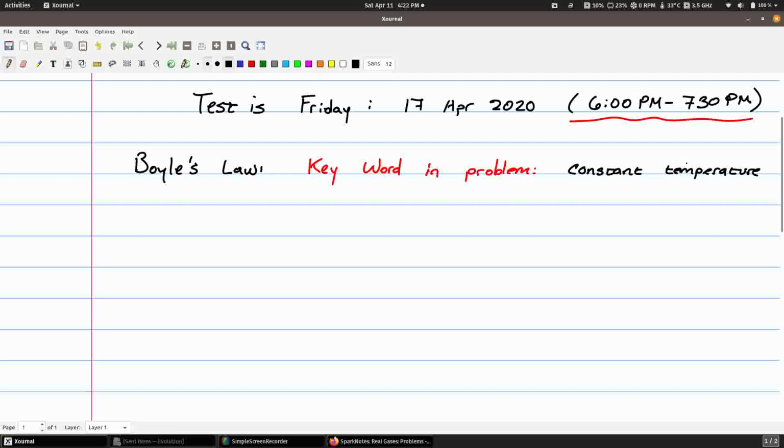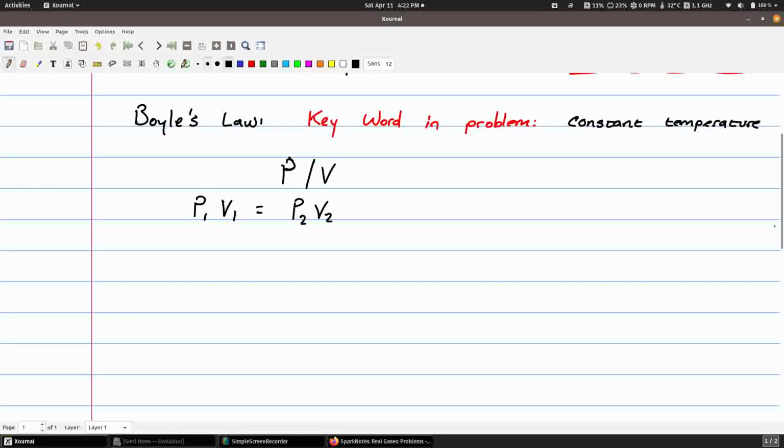So you have a constant temperature and you have pressure and volume. So how this equation would be is P1 times V1 equals P2 times V2. These aren't very difficult to solve. They're actually super simple. But we're going to do it anyways.